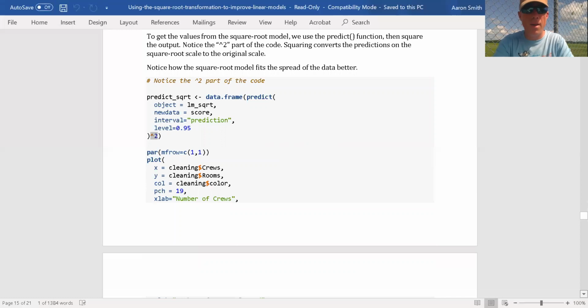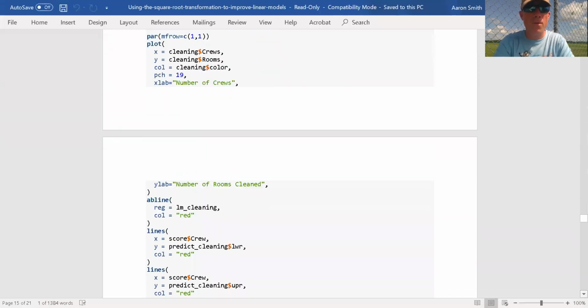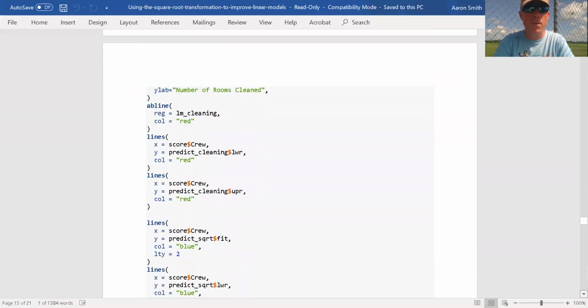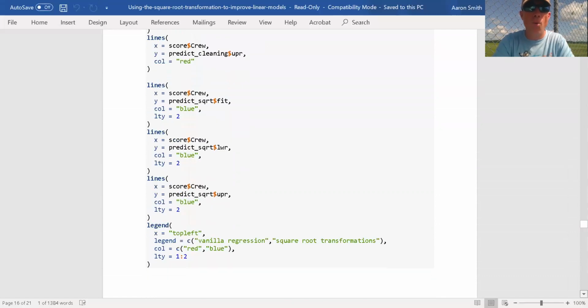So now let's go ahead and plot this. Everything's pretty much the same as I did before, except one thing that I'm doing differently is I'm coloring it blue, and I'm using a different line type when I plot my square root models. So remember, if I want visualizations to pop and be distinct and be easy to interpret, I want to put as many features onto important variables as possible.